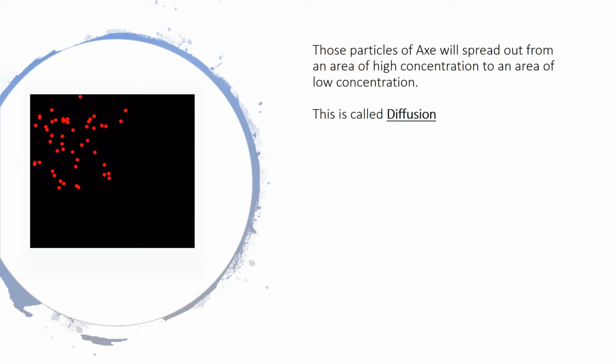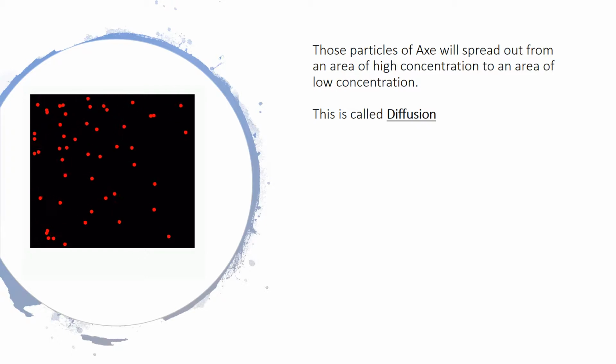So if we think about it, it moves from an area of high concentration, where that little video started, and moves to areas of low concentration until the whole thing is really equal. So they move from an area of high concentration again to an area of low concentration.